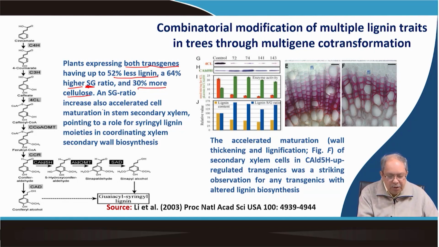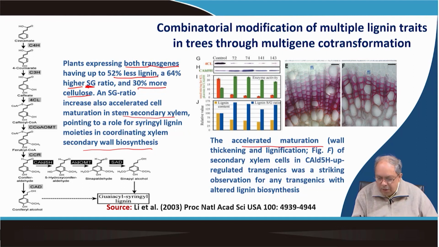And SG ratio increase also accelerated cell maturation in stem secondary xylem, pointing to a role of syringeal lignin moiety in coordinating secondary wall biosynthesis. So, what happens when the SG ratio is more, that actually leads to accelerated maturation, that is wall thickening and lignification, and that happened because of this CLD5 upregulation.